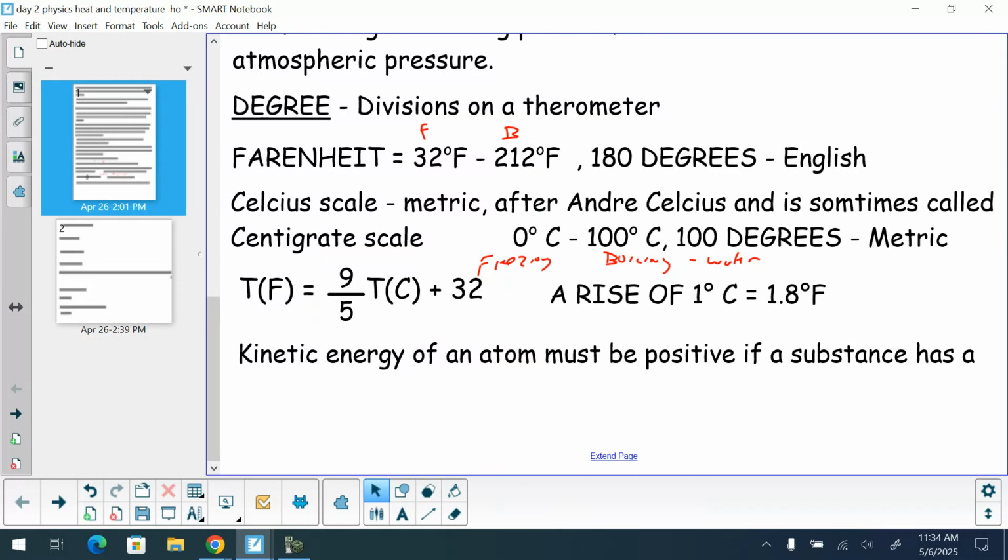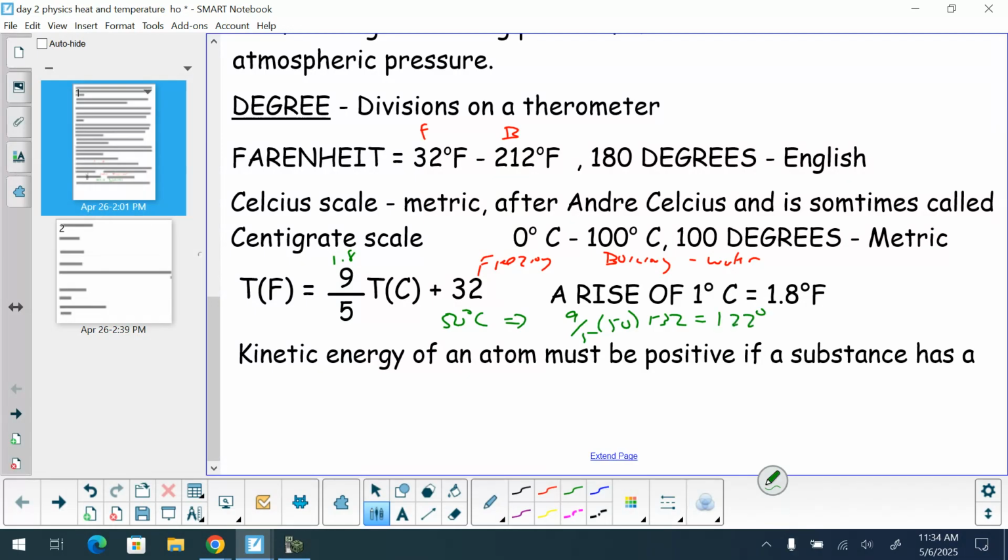So if it's 50 degrees Celsius, this would be 9/5 times 50 plus 32. Taking 9/5 times 50 gives us 90, plus 32, so we have 122 degrees Fahrenheit.